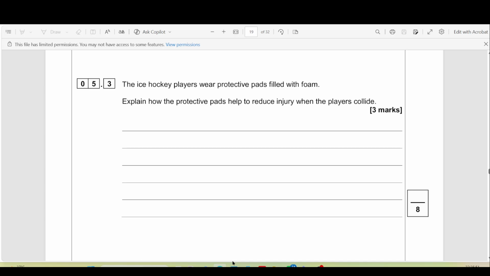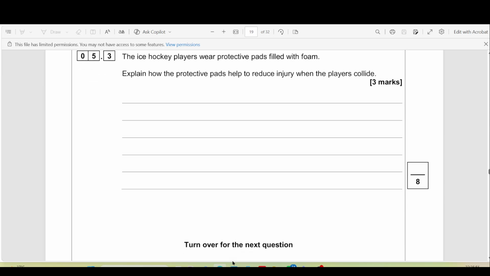The ice hockey player wears protective pads filled with foam. Explain how the protective pads help to reduce injury when the players collide.